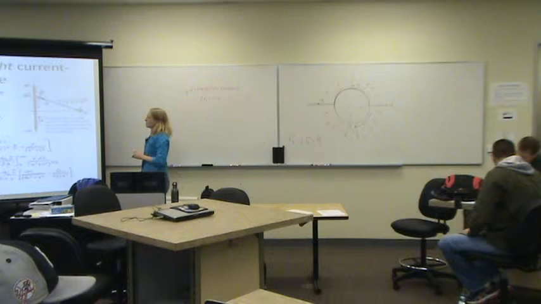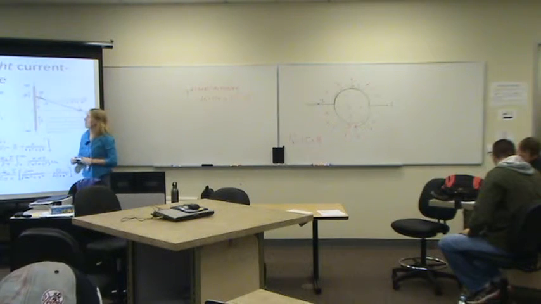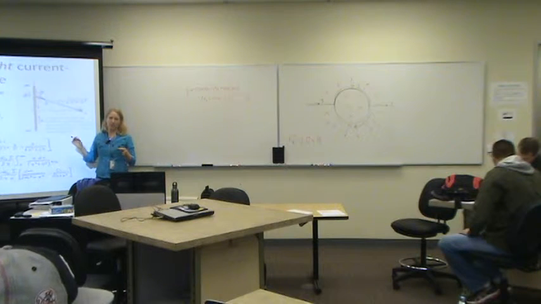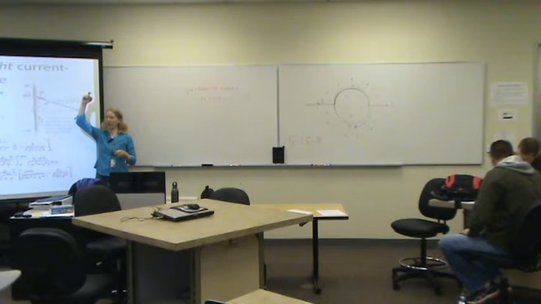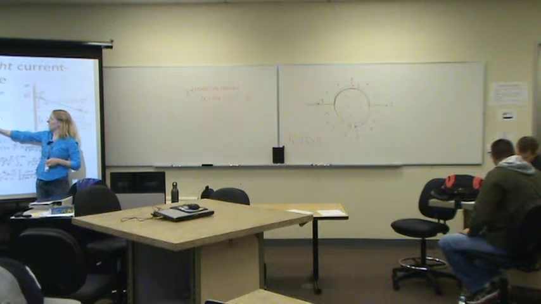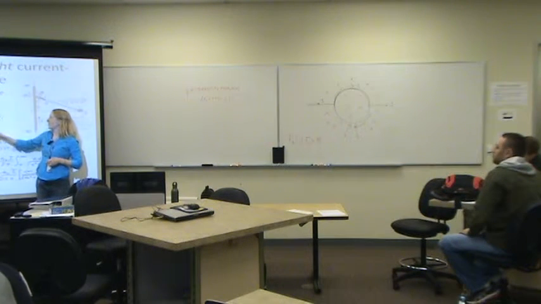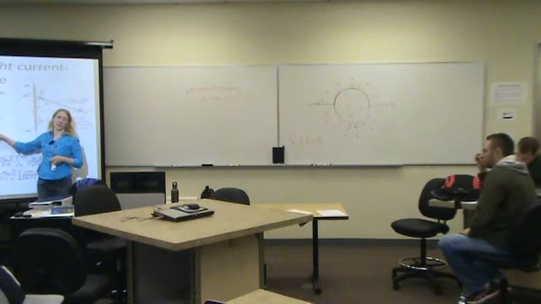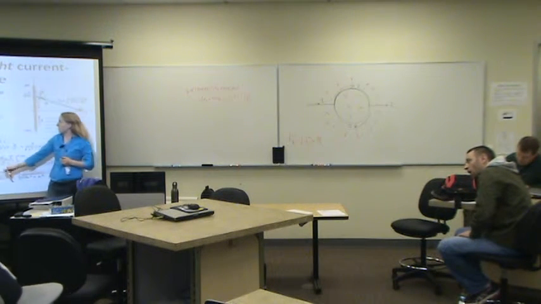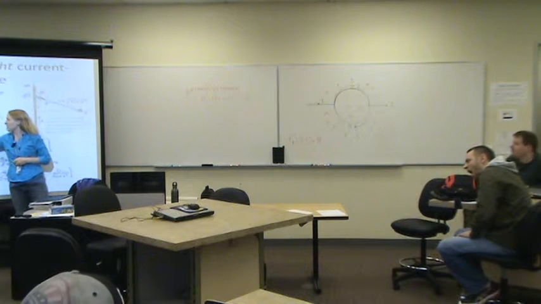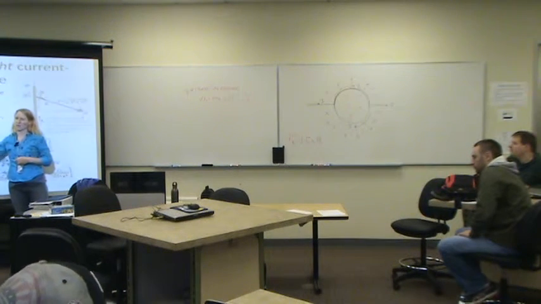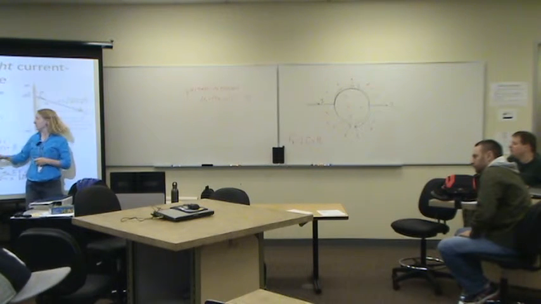The first thing I needed to do is get everything in terms of one variable that changes as I go up the wire. Right now I've got r that changes and theta that changes, and neither one of them is ds. So I need to get theta and r in terms of s. So r, as we already said, is the square root of x squared plus s squared. X is constant, s changes, and that's the integration variable, so that's good.